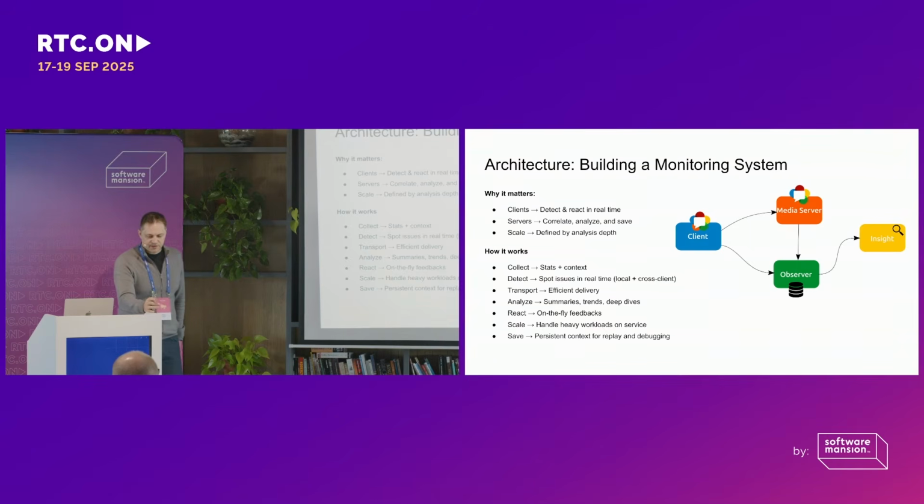For a long time, I believed that an observer service should be separate, with its own CI/CD pipeline. But nowadays, I am leaning toward having a sidecar service next to the signaling or media server. If you put an observability service next to, for example, the media server, you immediately get access to critical system context, which otherwise would have to be collected some other way.